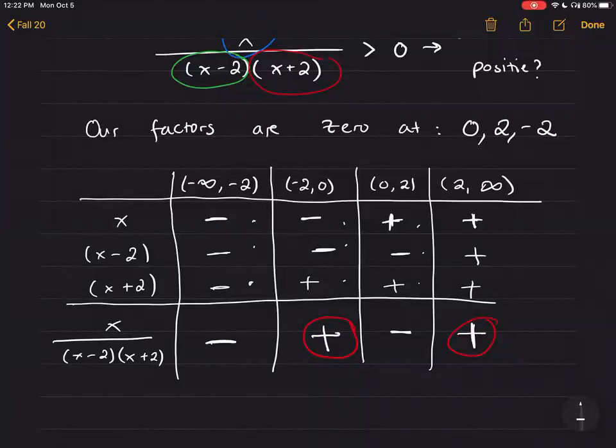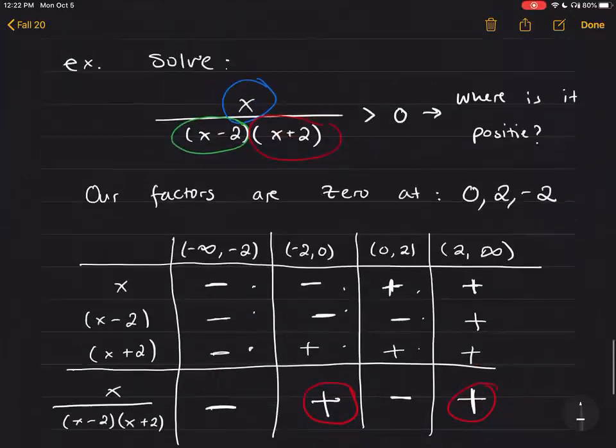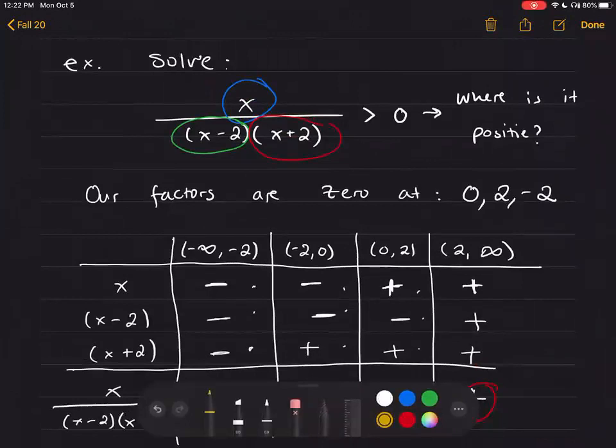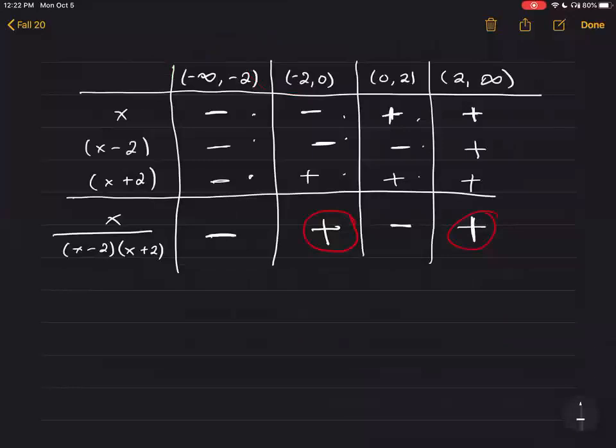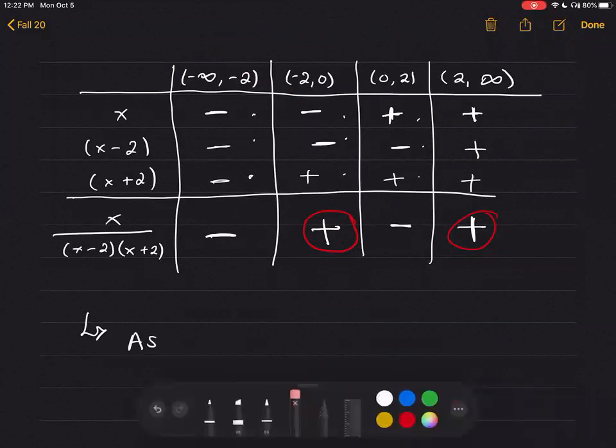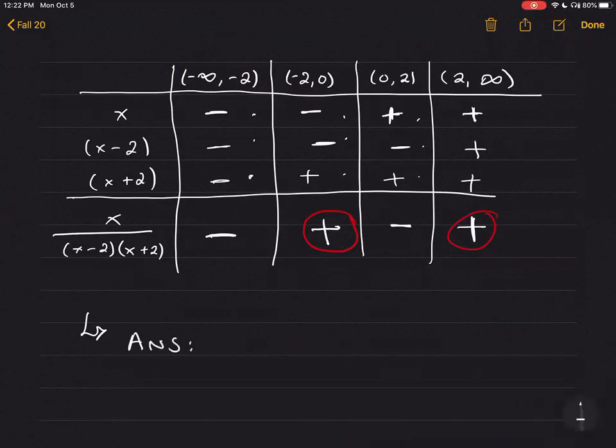So now the question is open or closed? Well, if we go back up and we look, we see that we have a strict inequality. So we're going to be dealing with open. So our answer will be closed -2 to 0, and then 2 to infinity.